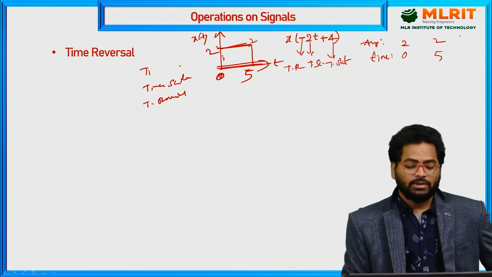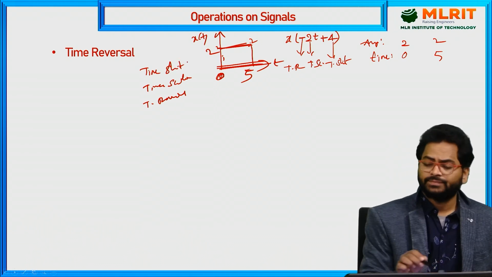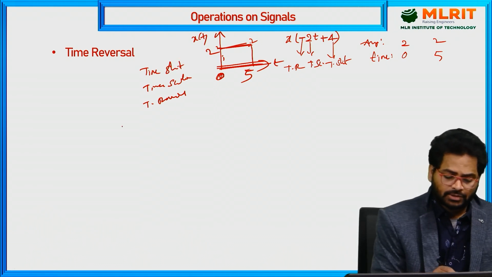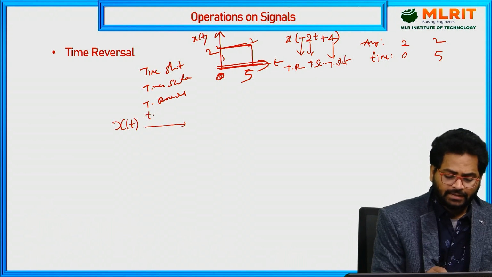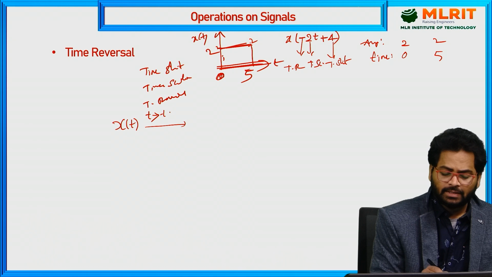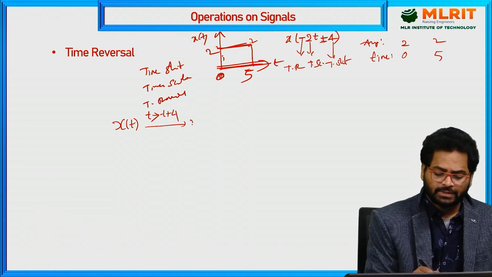Now, according to the natural order, first of all we need to do the time shift. So x of t, where t tends to t plus 4, that is x of t plus 4. This is the first operation we are doing.